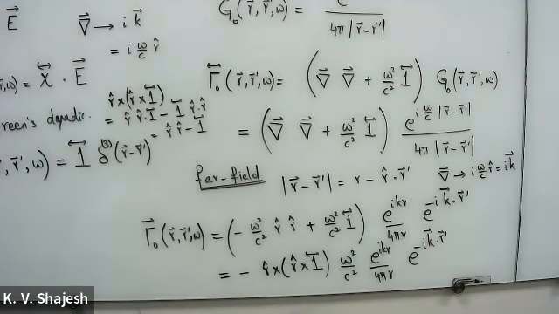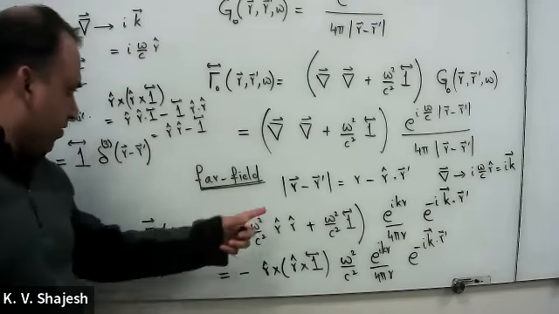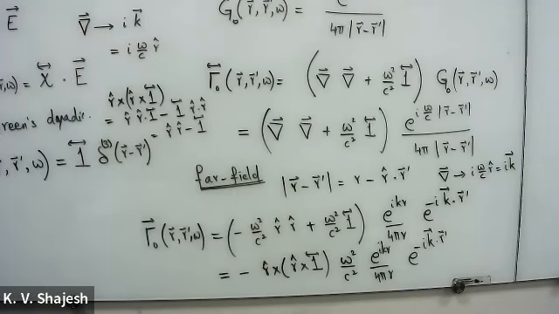So we have our Green's function, our Green's dyadic already for use in the far field approximation. So it's a significant simplicity that you can get immediately.